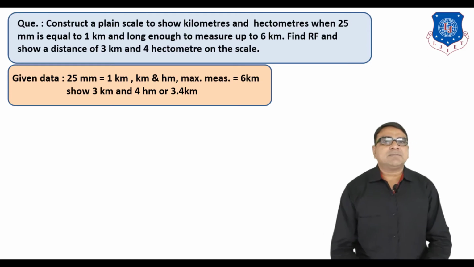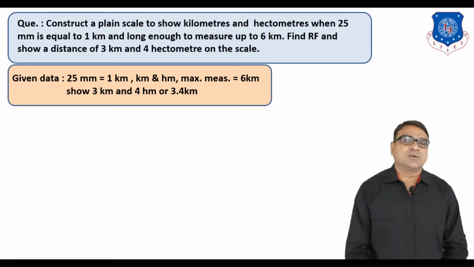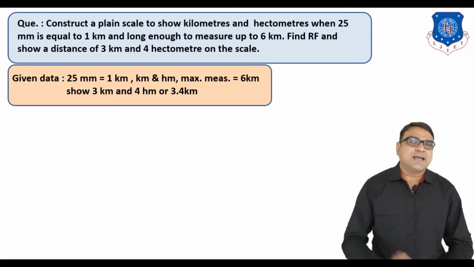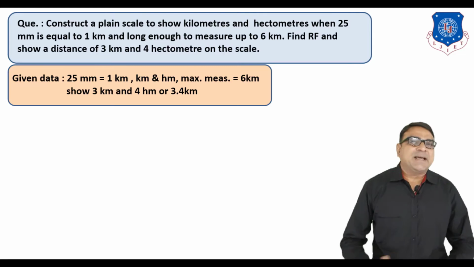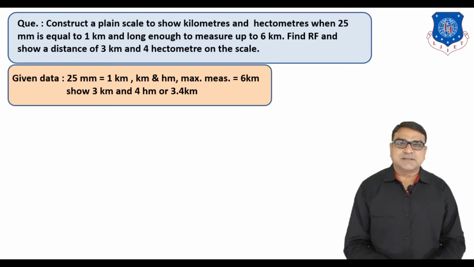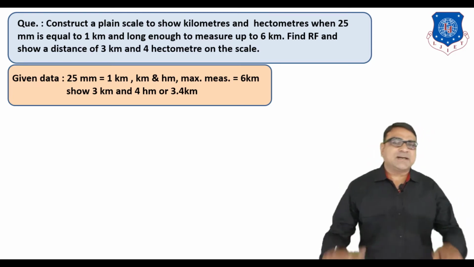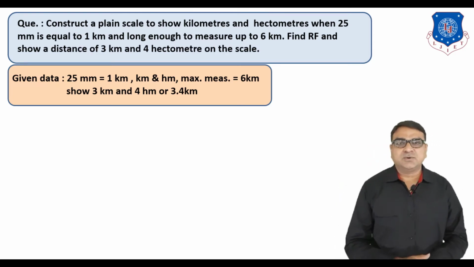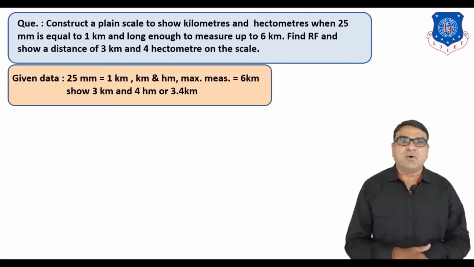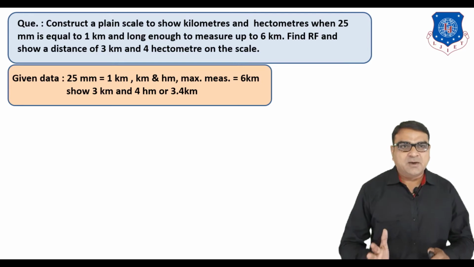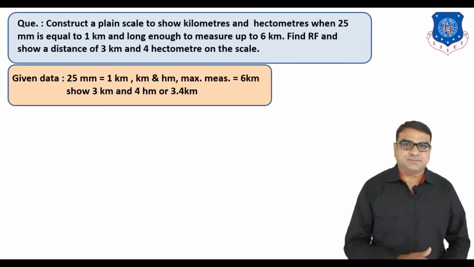The maximum measurement of the scale is 6 kilometer, so our scale can measure up to 6 kilometer only. Our plane scale cannot measure more than 6 kilometer. This is the limitation of our plane scale. And after constructing the plane scale, we have to show the distance of 3 kilometer and 4 hectometer, meaning 3.4 kilometers.